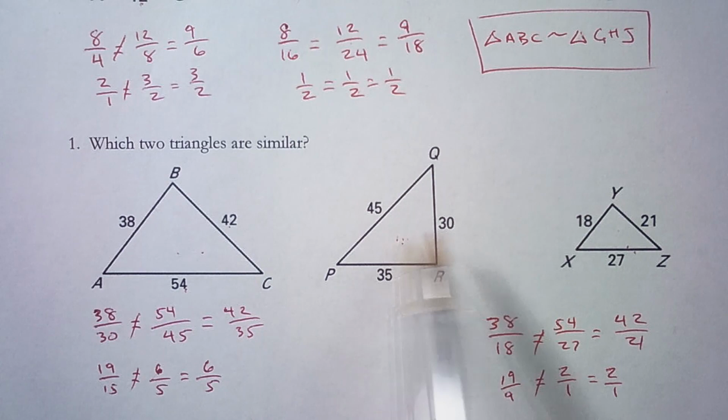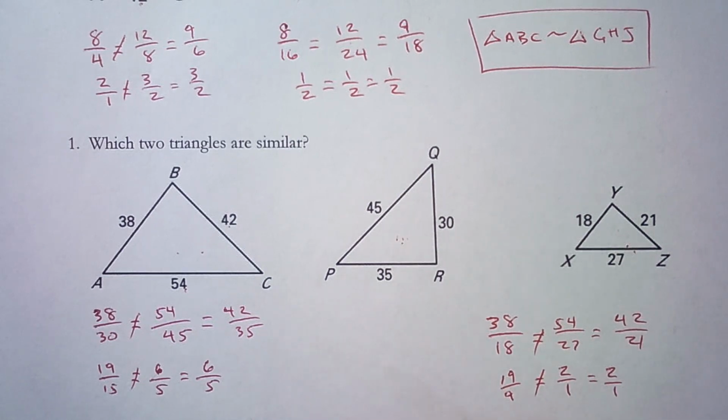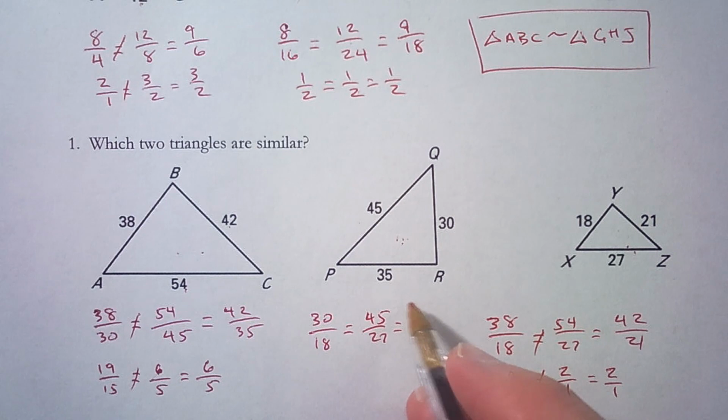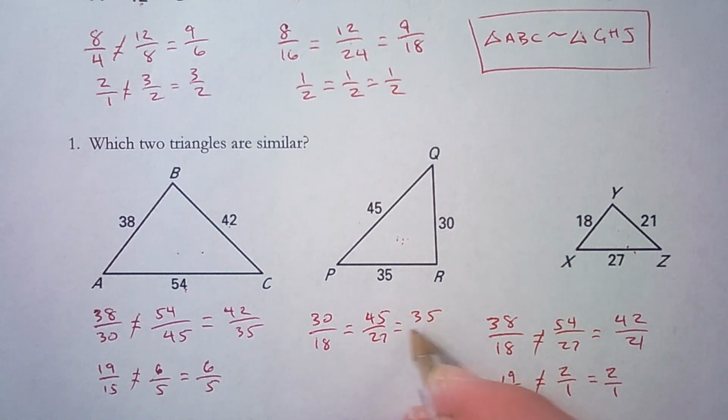How about the second one and the third one? We'll go with the shortest sides, 30/18. The longest are 45 and 27. And the remaining sides are 35 and 21.